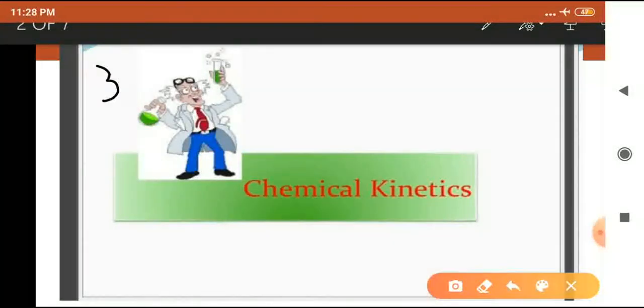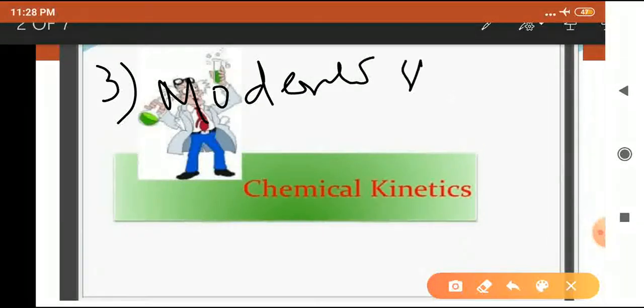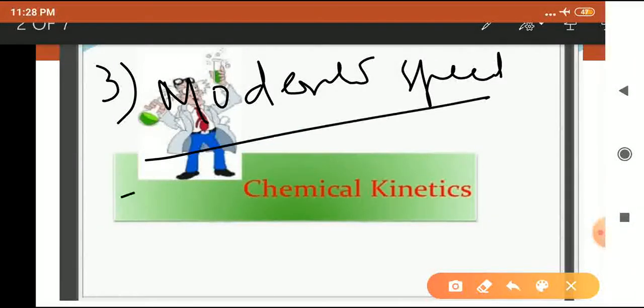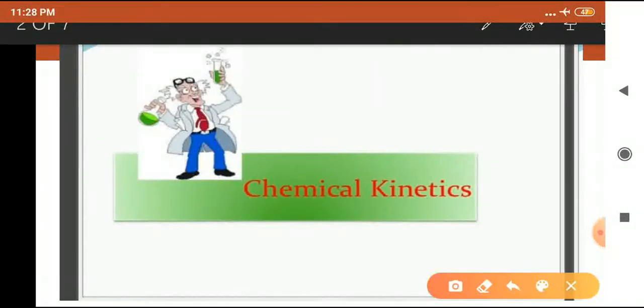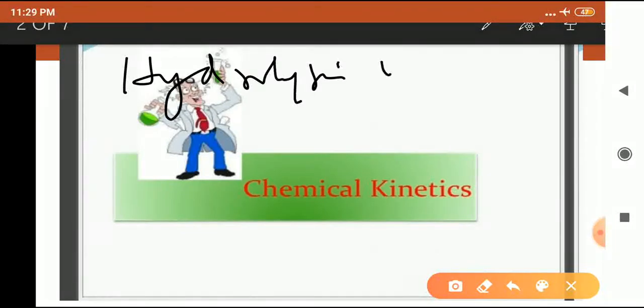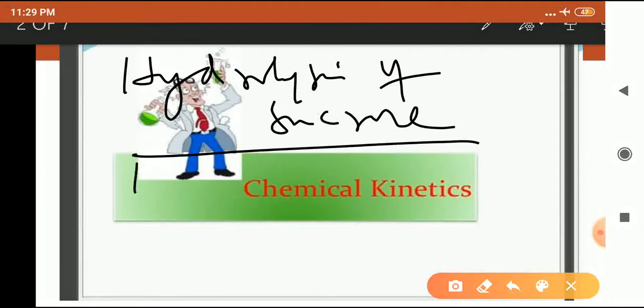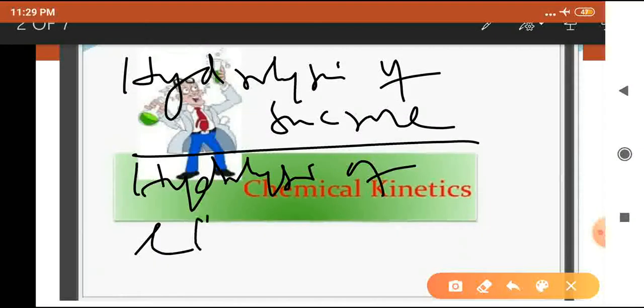Number third, reactions which are of moderate speed, neither too slow nor too fast. Examples of these reactions: hydrolysis of sucrose and hydrolysis of ethyl acetate.